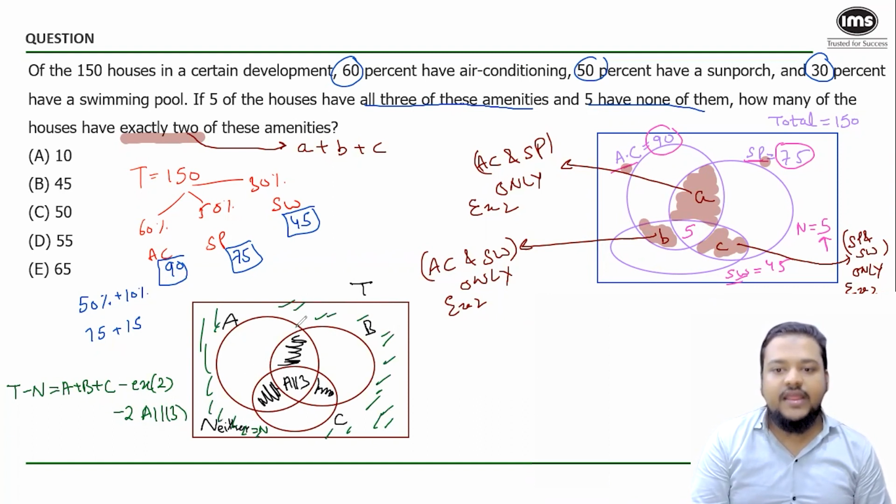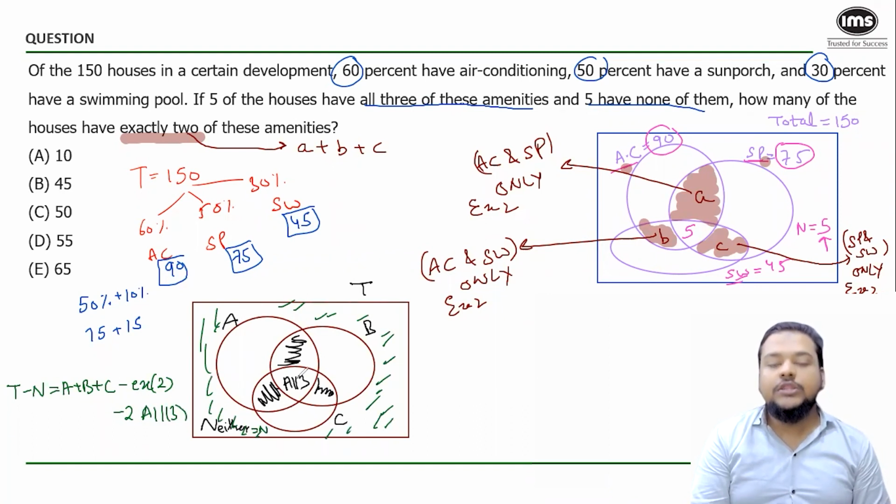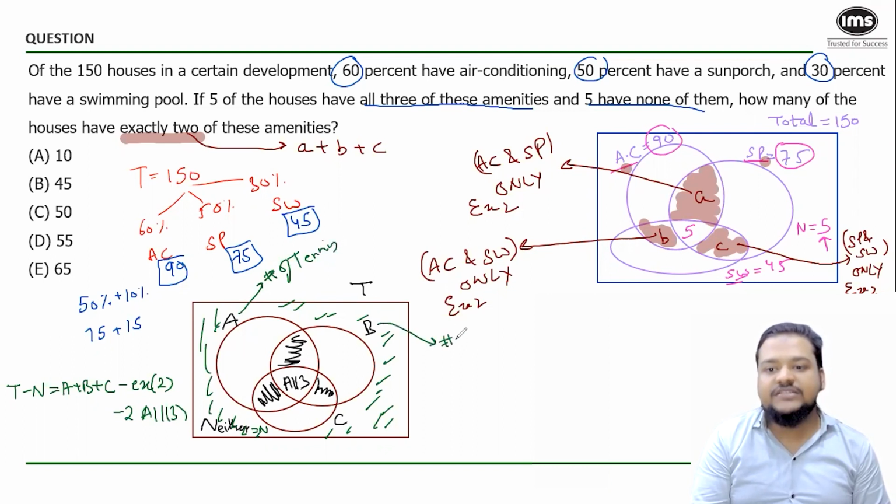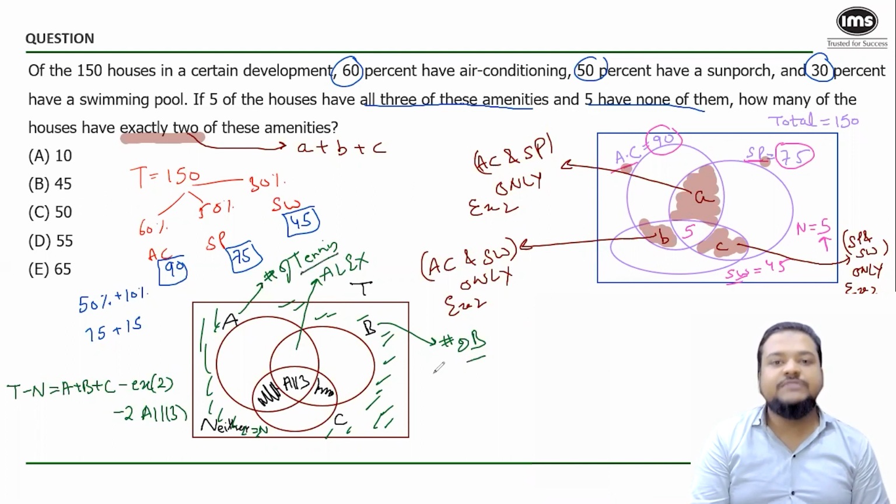But when I'm adding the values of the circles A plus B plus C, the problem that is happening is there is overlapping. For example, let's say A denotes number of tennis players, and let's say B denotes number of basketball players. If Alex is a person who lies in this region, this means Alex is a single person, but he is playing tennis as well as basketball.